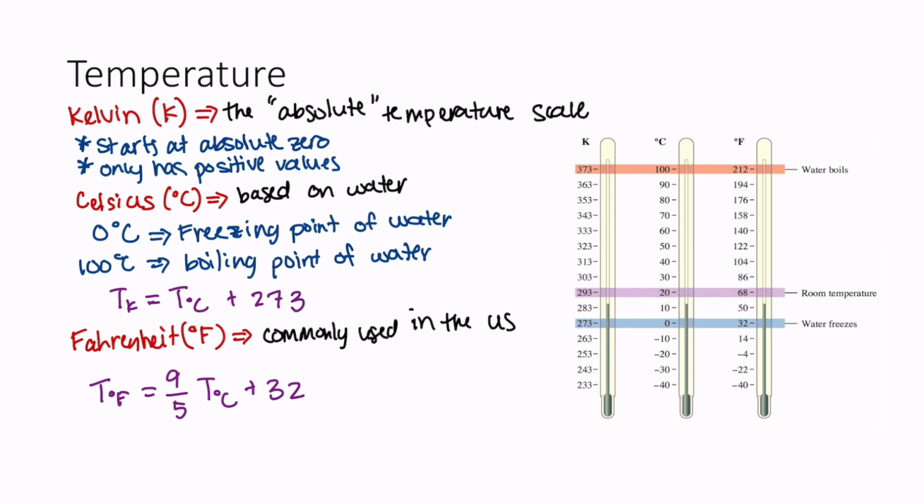Sometimes you will see it as 298, 75, or 25 and 72 respectively. And then finally, we have water freezes at 273 Kelvin, 0 degrees Celsius, and 32 degrees Fahrenheit.